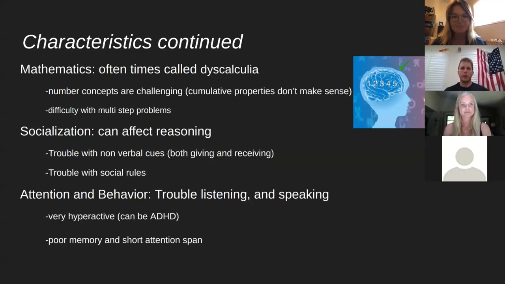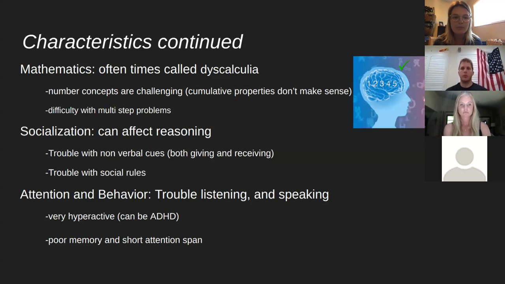So going on, we're going to be talking about mathematics. This can often lead to what's called dyscalculia, depending on pronunciation. Much like with vocabulary and reading comprehension, where the sounds don't make sense in the concept of the words, number concepts are challenging. So things like commutative properties, 3 plus 5 is the same as 5 plus 3, is a very difficult understanding for a lot of these students to comprehend.